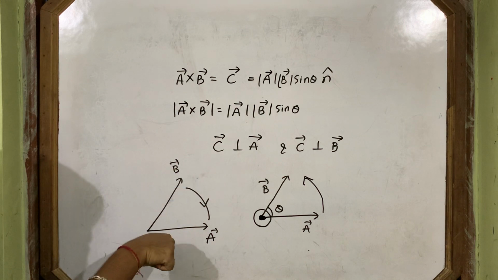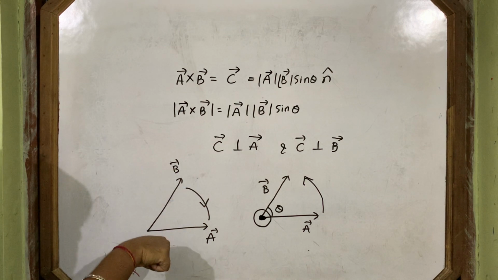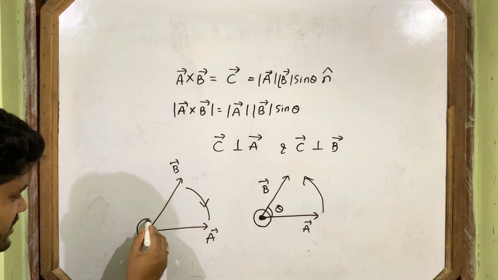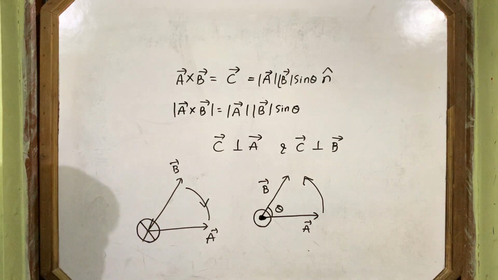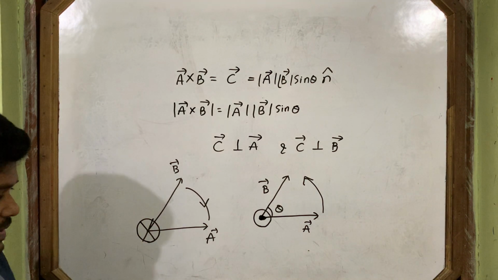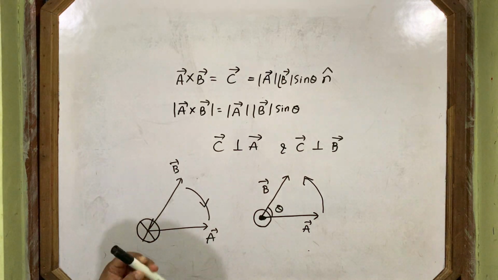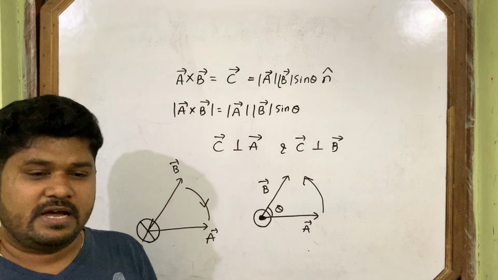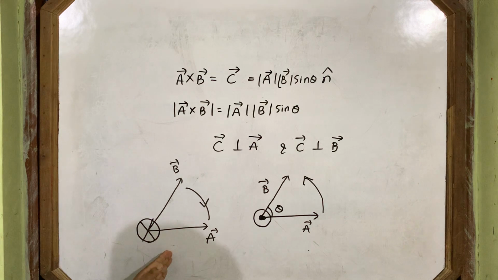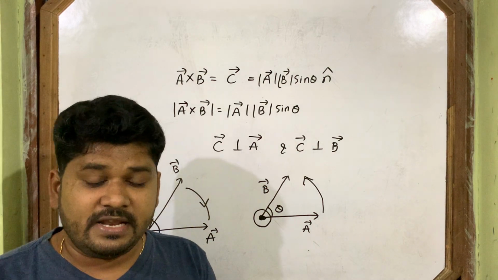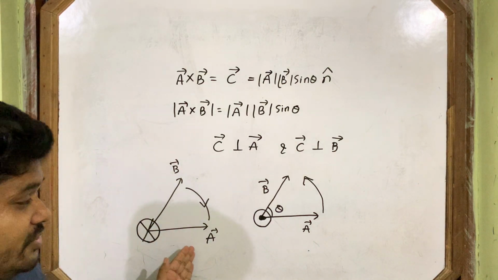Where is the thumb going? The thumb is going inward. So here the direction of C vector is inward. The cross symbol means perpendicular to the plane, inward. Dot means perpendicular to the plane, outward. So the direction of this cross product we can determine by the right hand thumb rule.